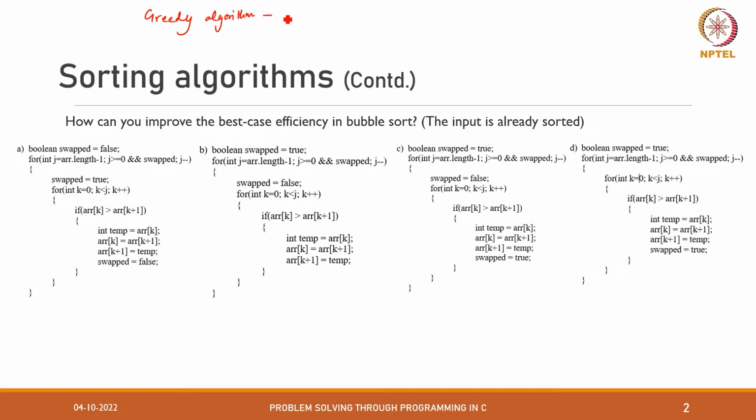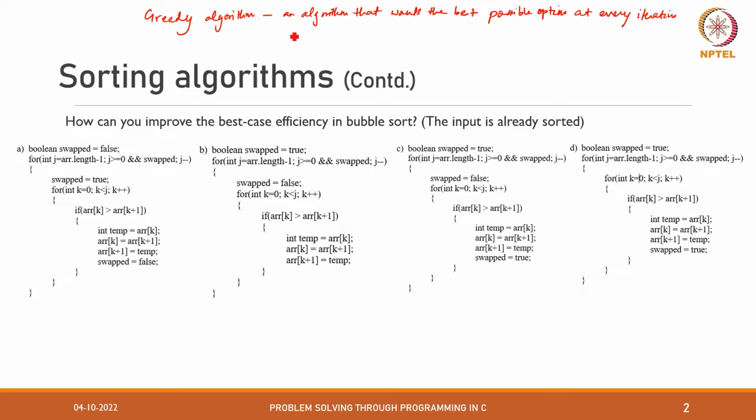A greedy algorithm is an algorithm which basically wants the best possible option at all times. It's very greedy. It wants the best possible option at every iteration.